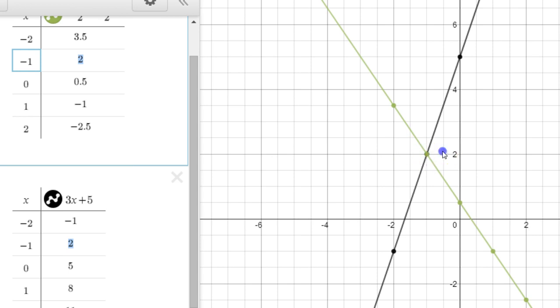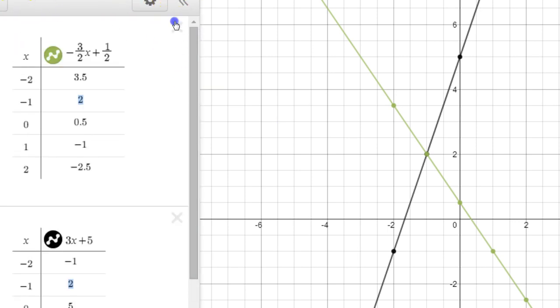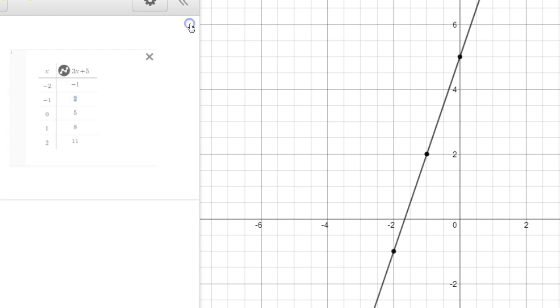Now if you were doing it on a TI-89 or TI-83, it depends on what you want, I would go to list, and then I would set up my table of values. So I'd have my X table.